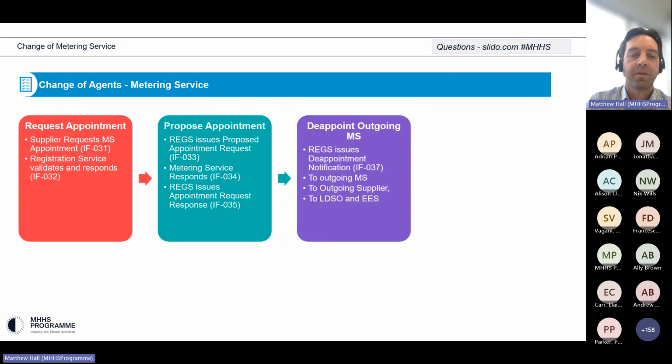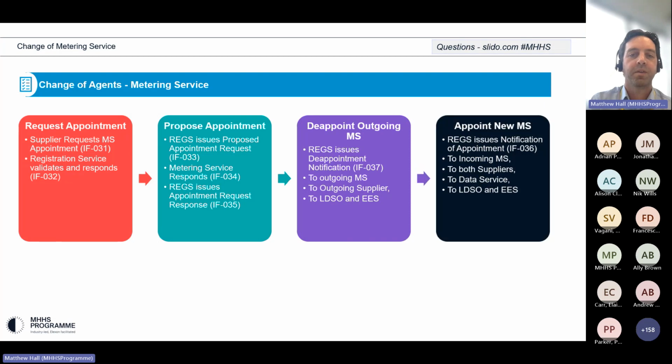Now, assuming a positive response from the metering service, then the registration service will issue a de-appointment notification on the IF37. They'll issue that one out to the outgoing metering service, to the outgoing supplier, to LDSO, and to EES. They will also issue notification of appointment on the IF36 to the incoming metering service.